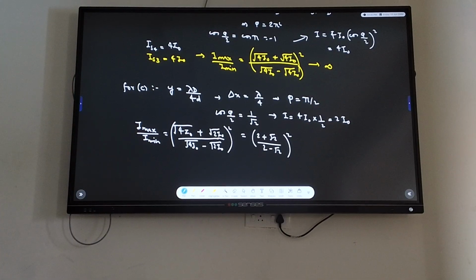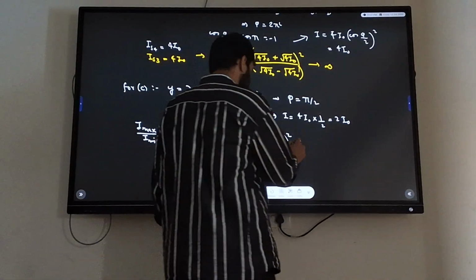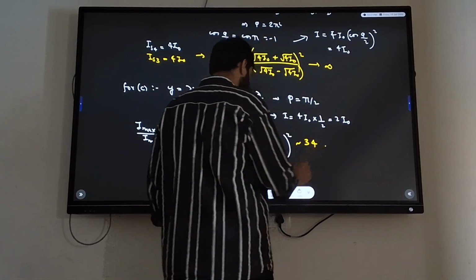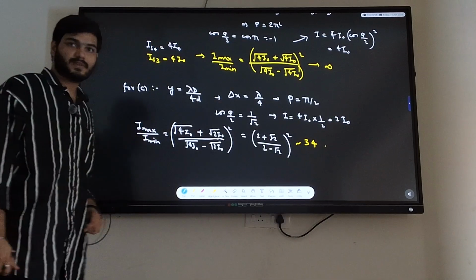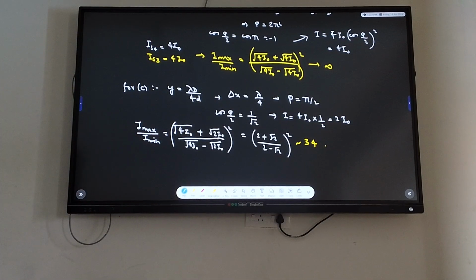At the end you should get 34 approximately. Okay? Do the simplification yourself. And please put the value of root 2 maybe. I was trying to get without even the value of root 2, but शायद नहीं होएगा. But anyways, this was question number 9.